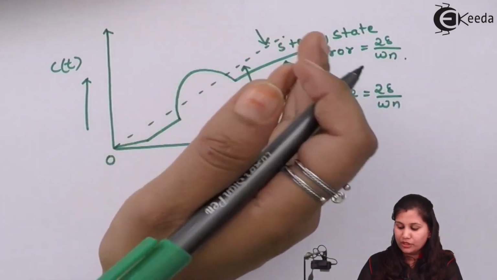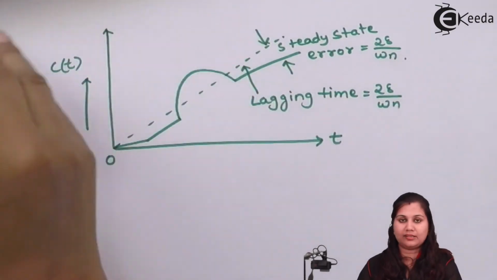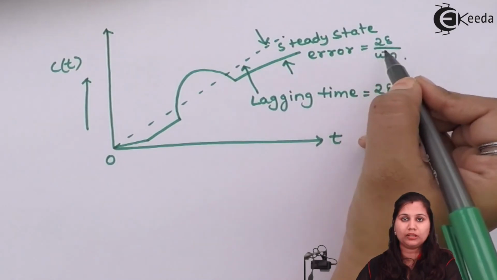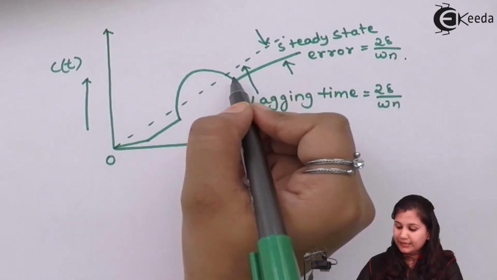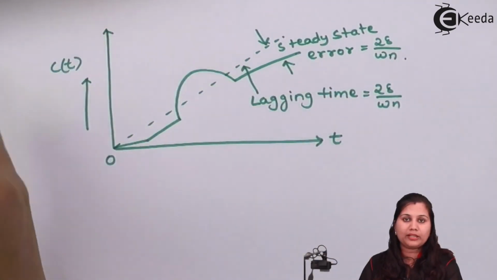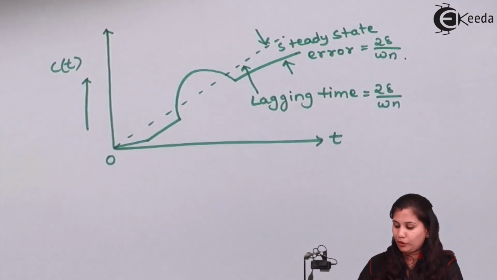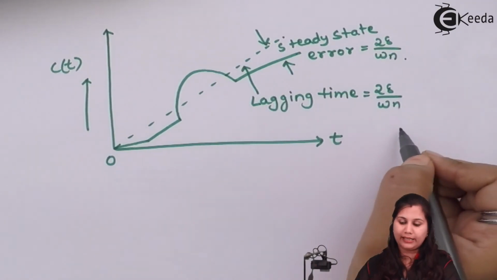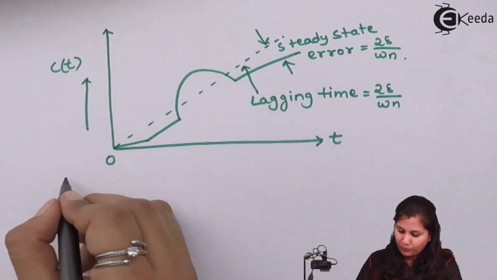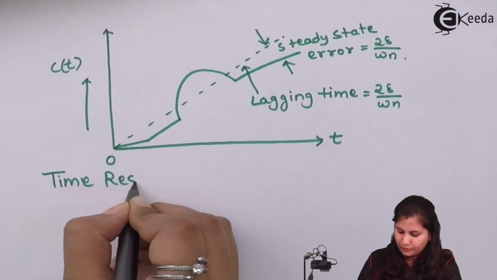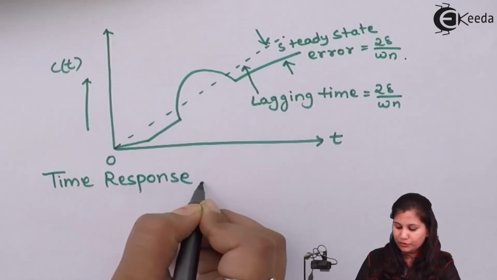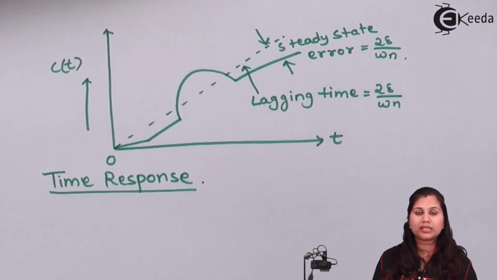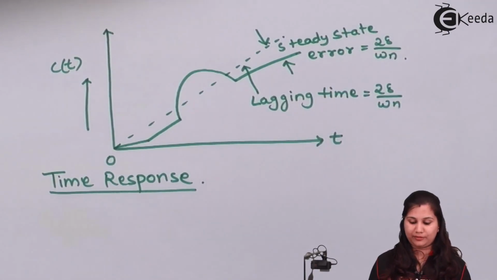The deviation of the output from the input is the error, which is called the steady state error, and its value is 2 del upon omega n. It is the time by which the output is lagging behind the input, so this is also called the lagging time, 2 del upon omega n. So this is the time response of a second order control system when the input is a unit ramp function.